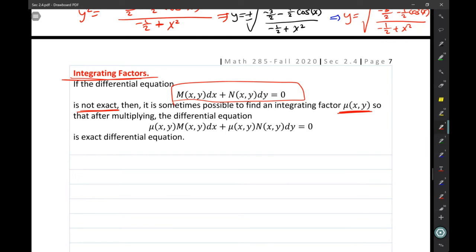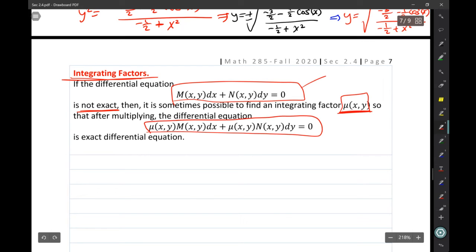If I multiply m and n by the factor mu xy, the differential equation becomes exact.